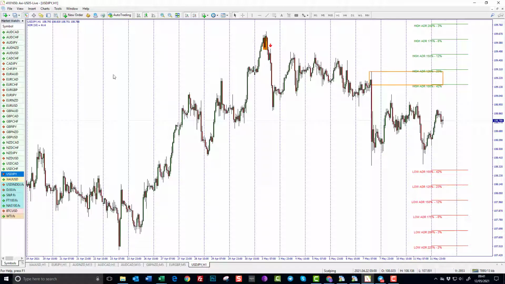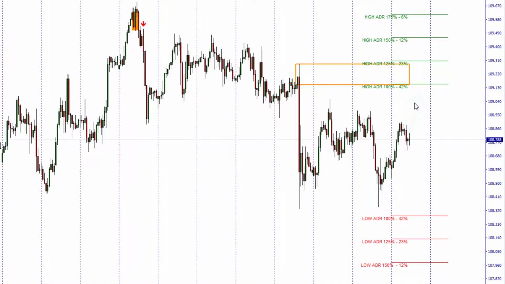For example, if price was to shoot up and hit roughly around this area and you had a long signal given by whatever system you're trading, it's probably not the best time to take a new trade, because the chances of it going further than this particular point are not very high, are they? Because it's already done its daily movement. You're better off waiting for some kind of pullback to then jump into a trade.